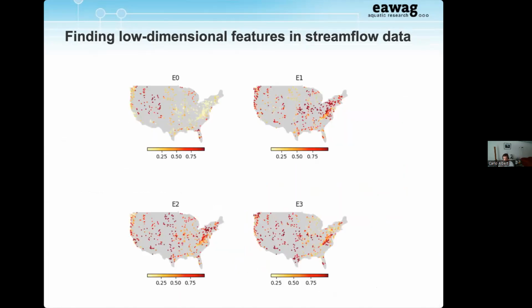Then we obviously wanted to also interpret these 4 features, and we saw that okay, there's some correlation with geography, so they're not just scattered randomly, but we have some correlation with different topographical features.